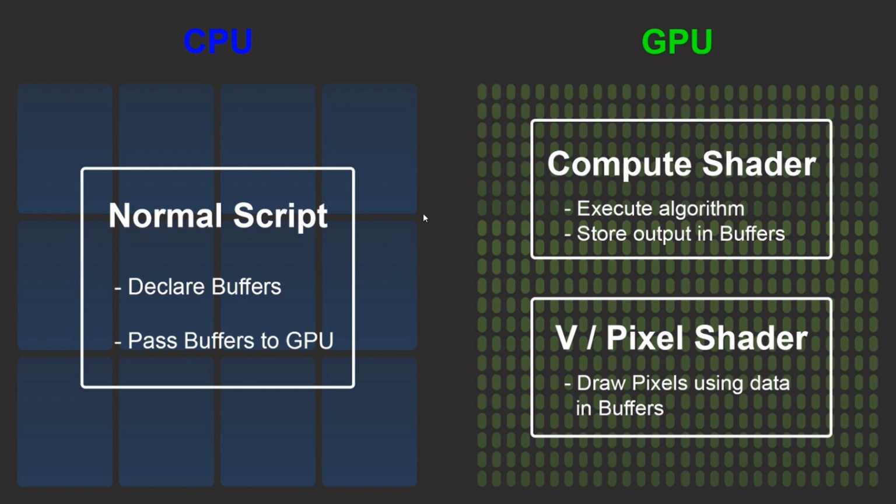After this initializing stage, at runtime, the buffers always stay inside the GPU memory so that the compute shader and vertex pixel shader can access the buffers directly. For the GPU part, the compute shader executes the algorithm and stores the output in the buffer, and the vertex and pixel shaders use that data for drawing directly.